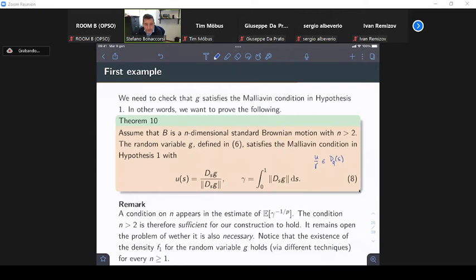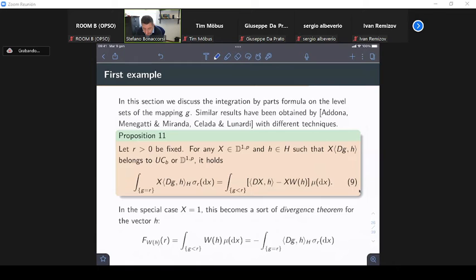We know for sure this because this random variable G possesses a density for any dimension n greater or equal than 1. It can be proved directly, or at least with different techniques, but not using the Malliavin condition. Okay, so this is another problem.